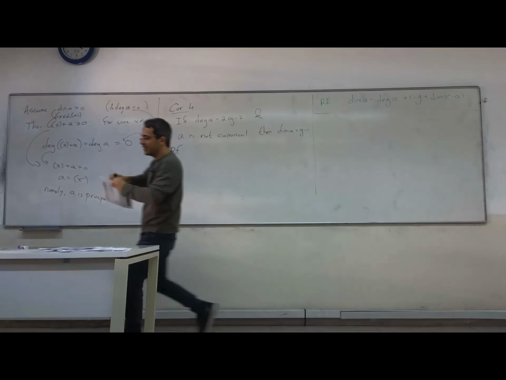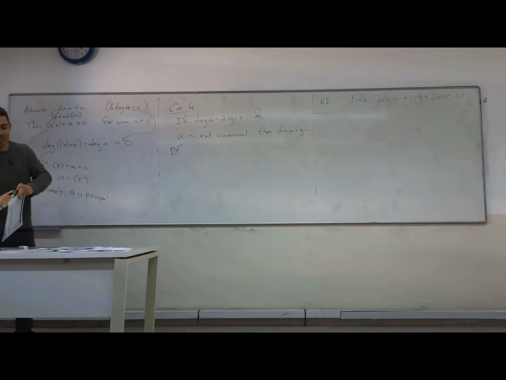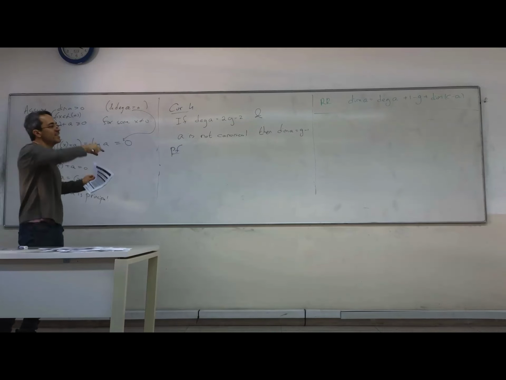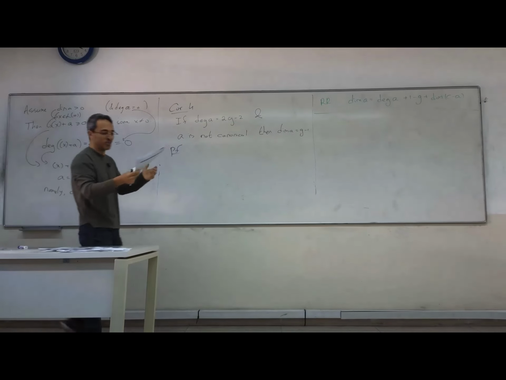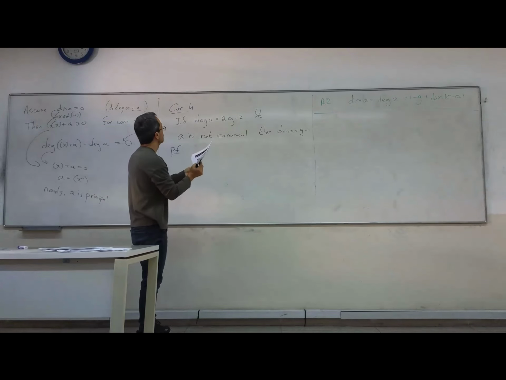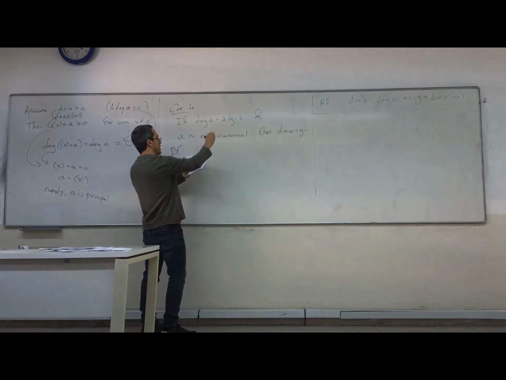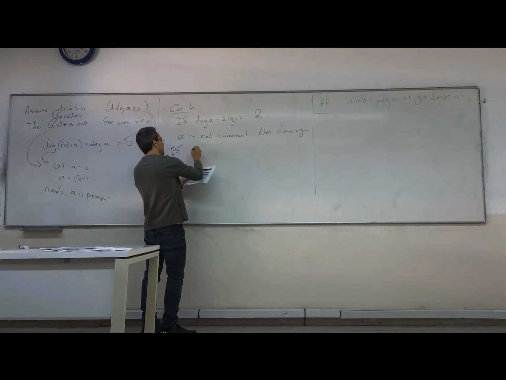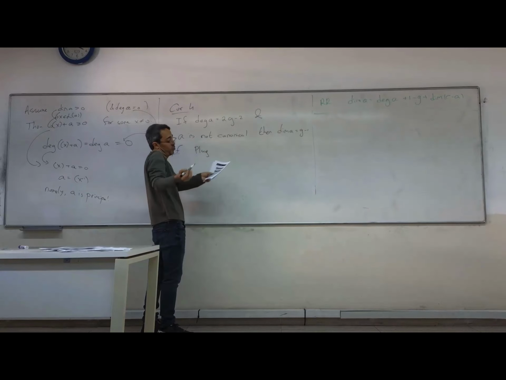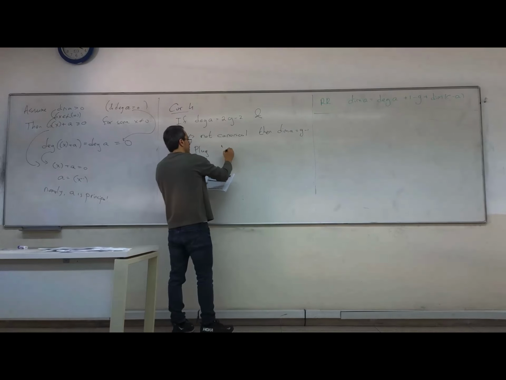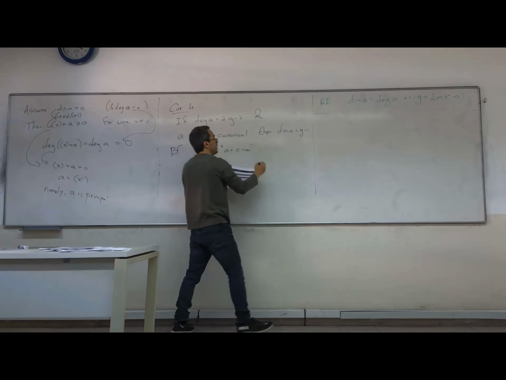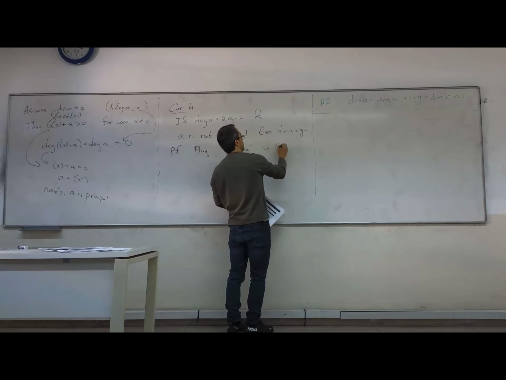And now I'm going to plug in, somewhat annoyingly, C minus A for A. So let's apply it: plug A equals C minus A in Riemann-Roch.